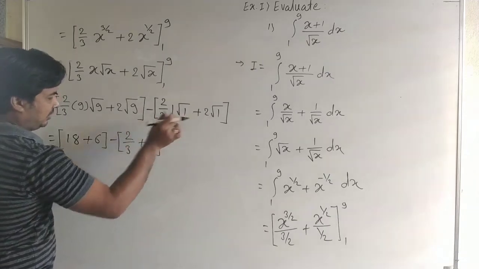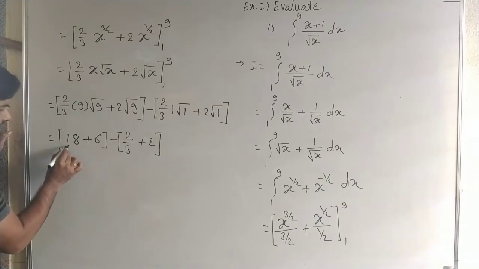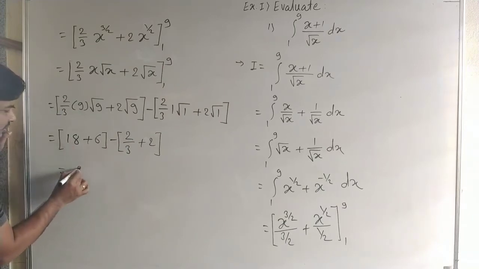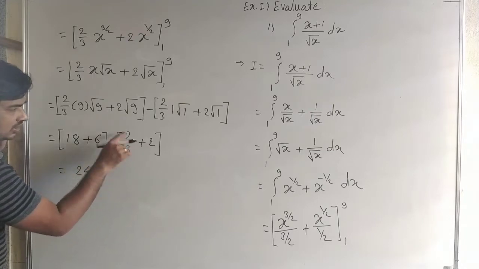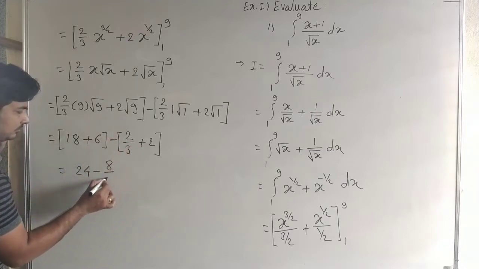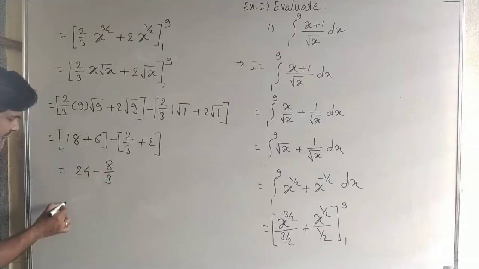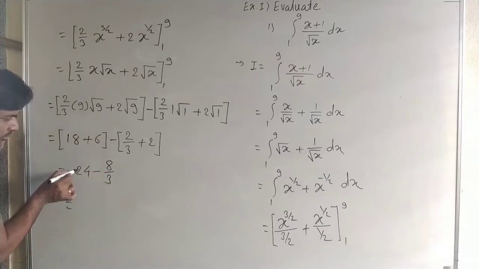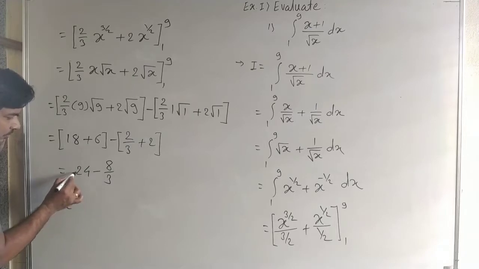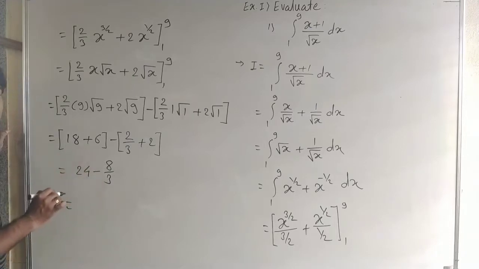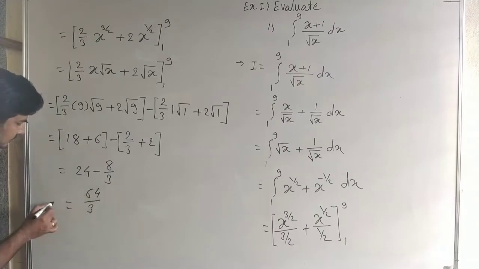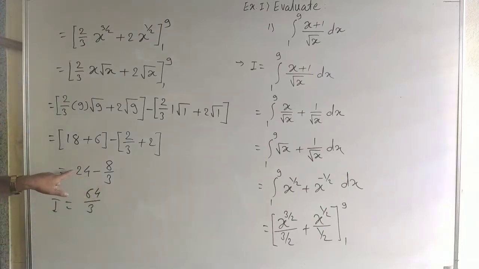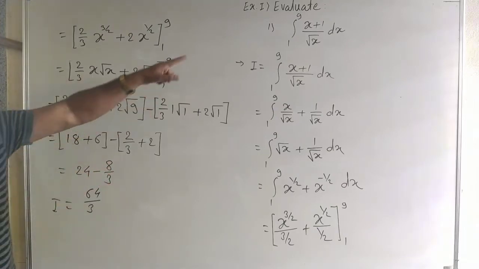Now 18 plus 6 is 24, minus 8 upon 3. Then 24 into 3 is 72, 72 minus 8 is 64, upon 3. It is the last answer, 64 by 3, the value of the integral of this function.